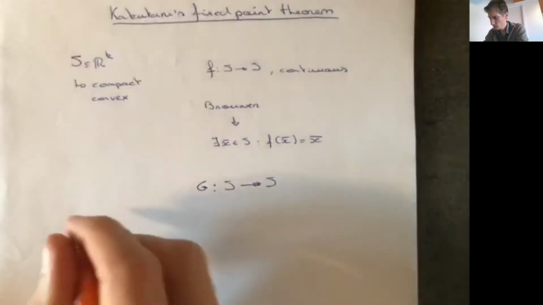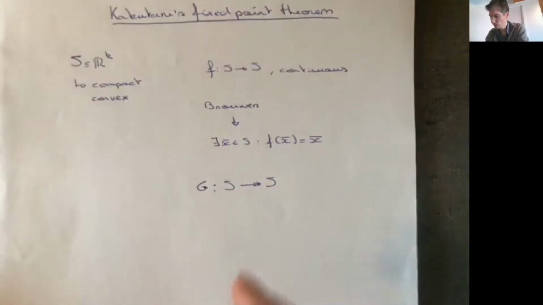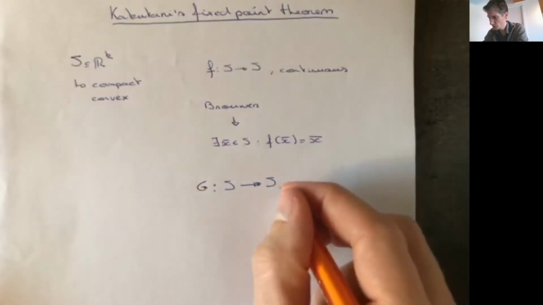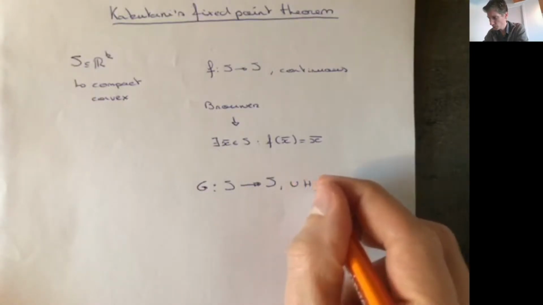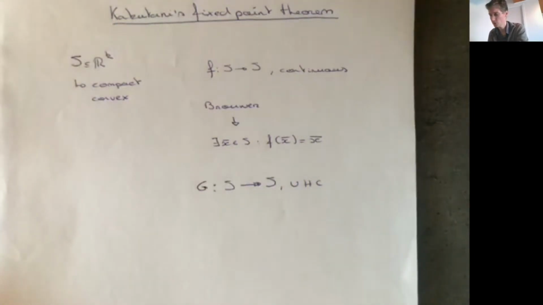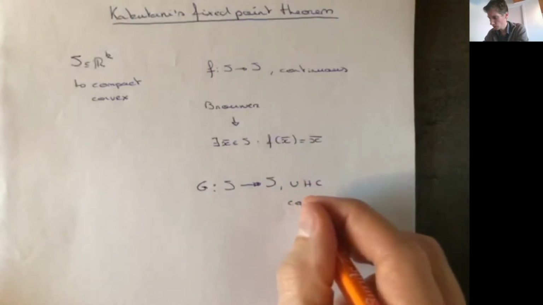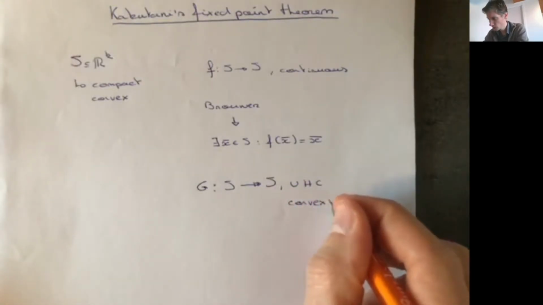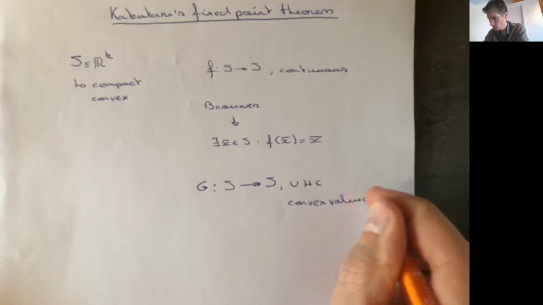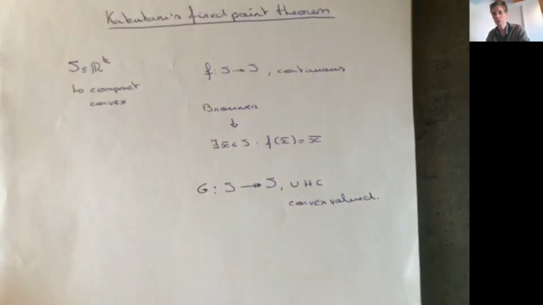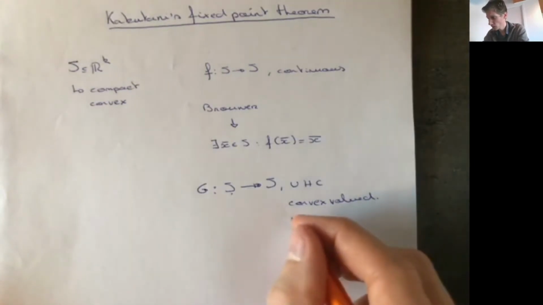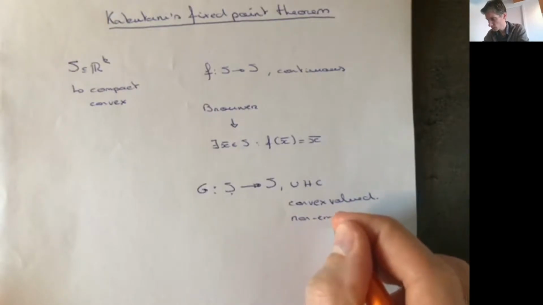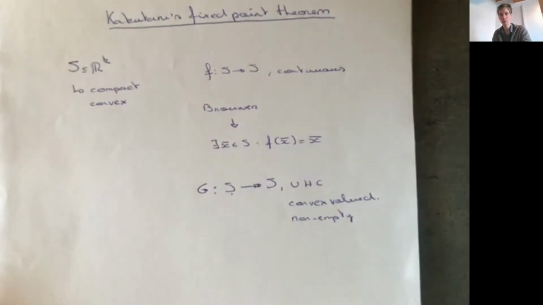Then Kakutani's fixed point theorem tells us that if this correspondence is upper hemicontinuous, so that's the first condition, and convex valued. Remember, convex valued means that for any x in the set, G of x is a convex set. And the last, a bit technical assumption, non-empty, which means that G of x is never empty.